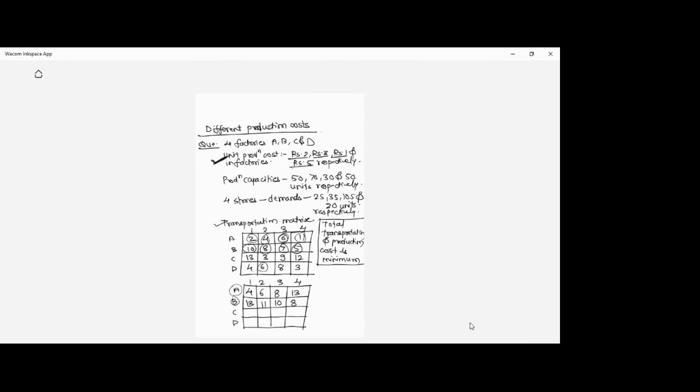Similarly, for factory C, the unit production cost is rupees 1, so 13 plus 1 is 14, 3 plus 1 is 4, 9 plus 1 is 10, and 12 plus 1 is 13.